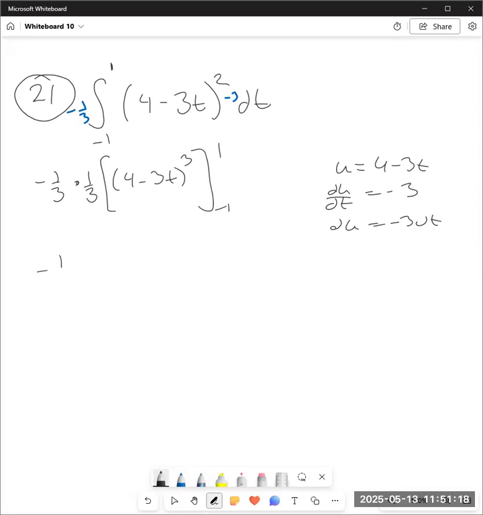And I get -1/9 of, when I stick 1 in, I get 4 minus 3 is 1 to the 3rd, minus when I stick in -1, I get 4 plus 3 is 7 to the 3rd. So this is -1/9 times 1 minus, and then 7 to the 3rd is 343.